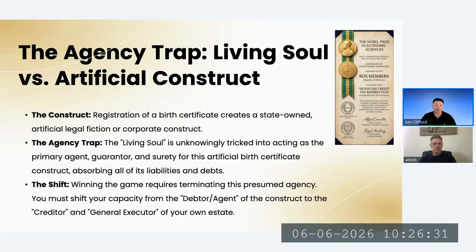And that banking entity is the birth certificate construct, which by definition of it being a person is actually a banker. So the living soul never steps on the monopoly board of commerce. It operates as a surety or underwriter, the liable party. It provides human energy that gets transferred onto the monopoly board of commerce.